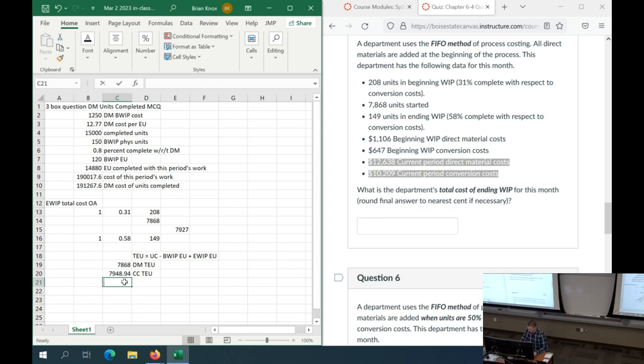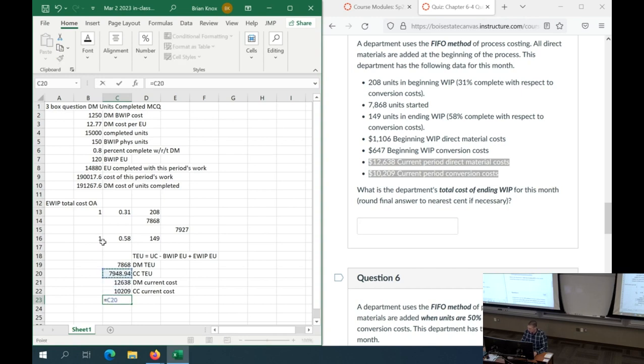So we have 12,638 for direct materials current period cost, and we have 10,209 for conversion cost current period cost.